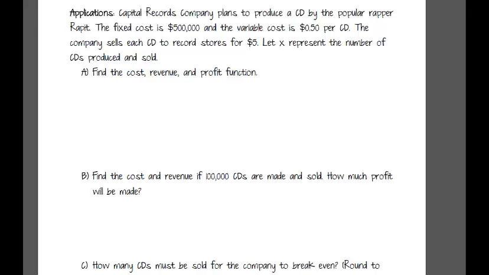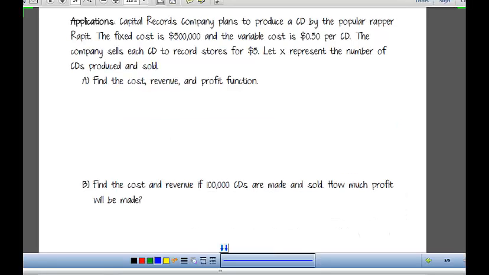Okay, so we just said that cost equals variable cost plus fixed cost. Okay, so what kinds of costs? Well, they tell us exactly. What's the fixed cost in this case? Okay, the $500,000.